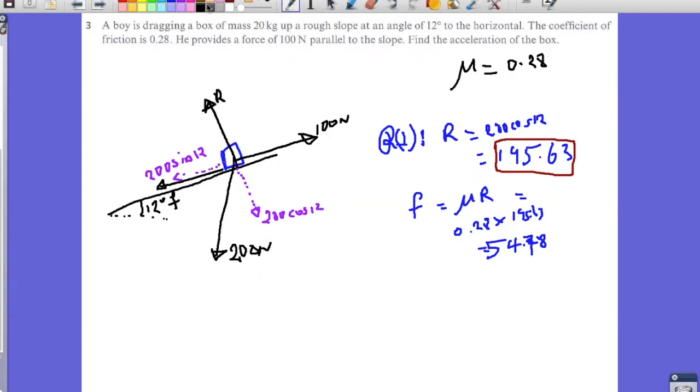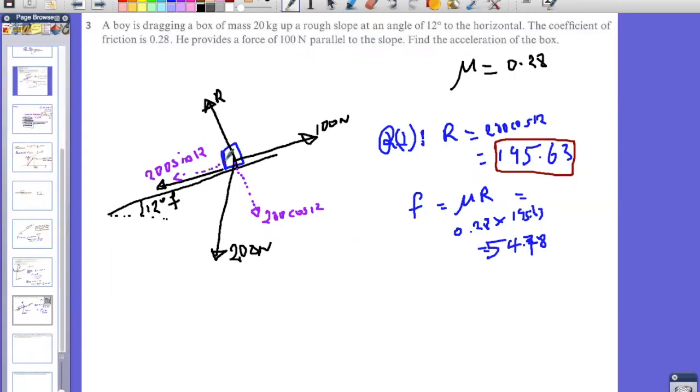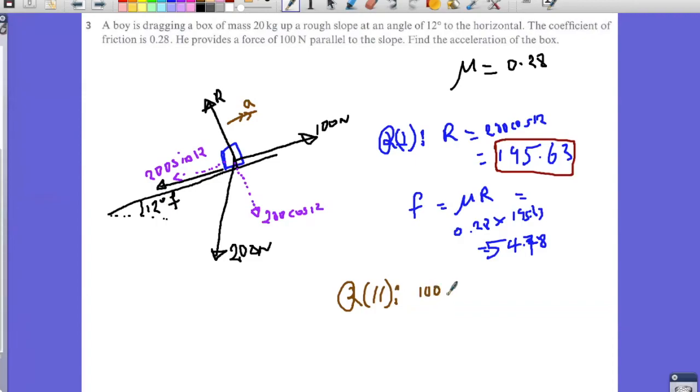And then, lastly, we will have acceleration this way. So we resolve parallel to the slope. We will get 100 minus 200 sine 12 minus F should give you MA.